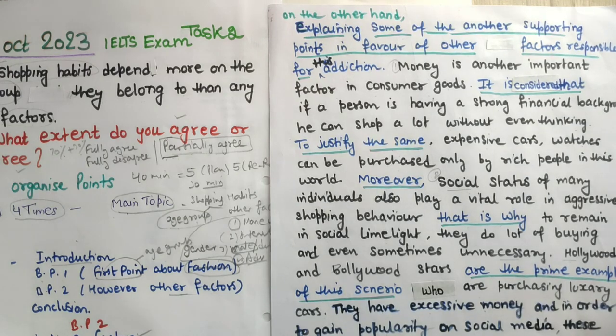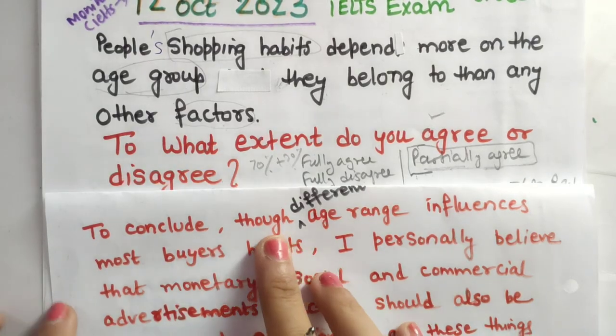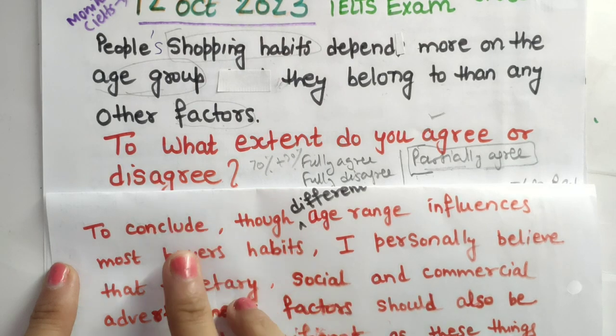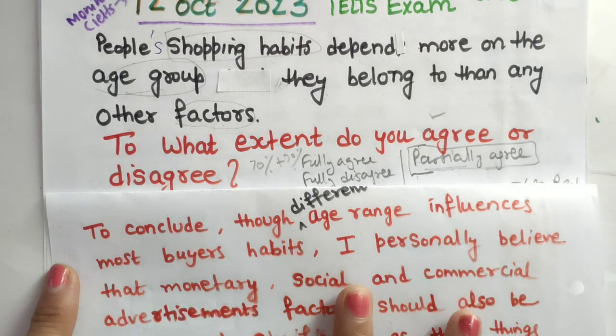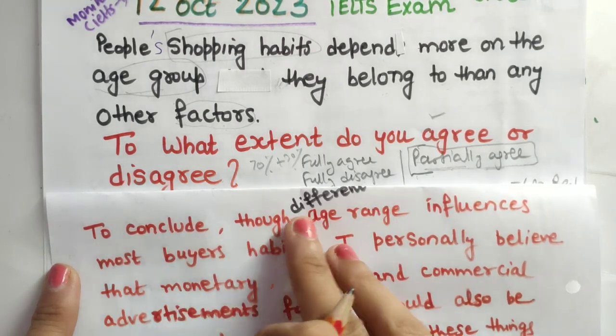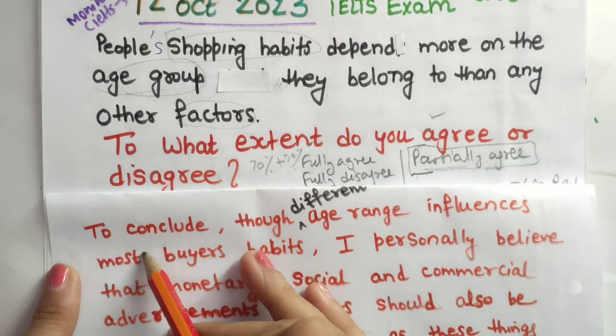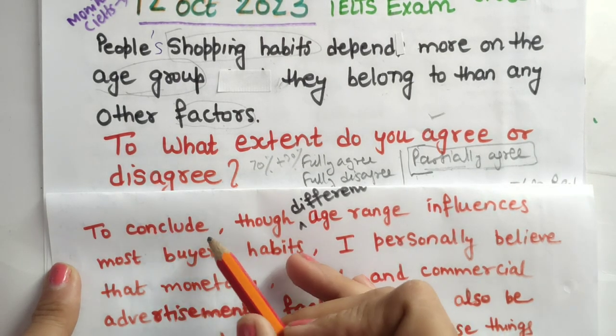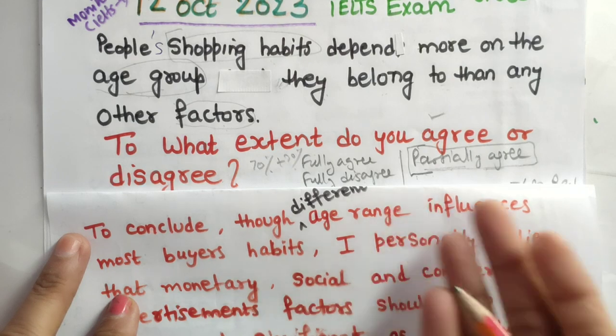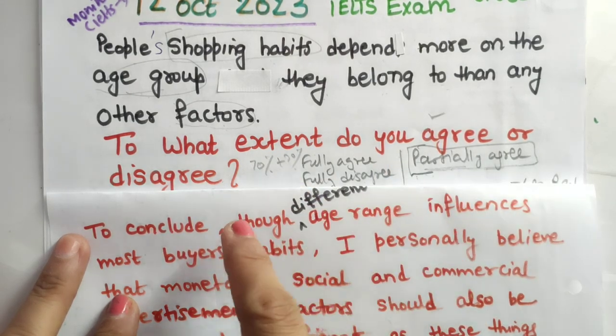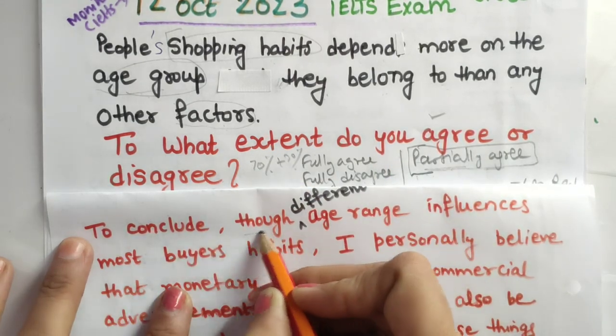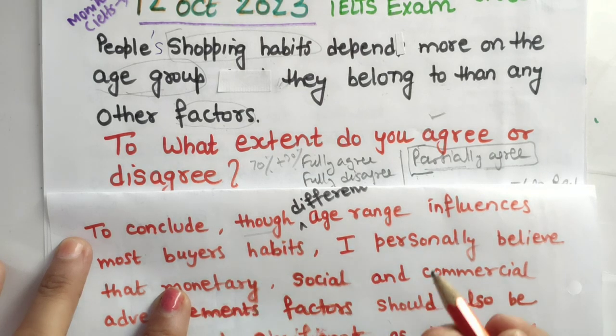Now coming to the conclusion. For this question statement, what conclusion have I written? Simple statement, just learn it, everywhere you can write it. To conclude, or you can use the words after analyzing the statement. Otherwise I have started with though, or even though, or despite also you can use.